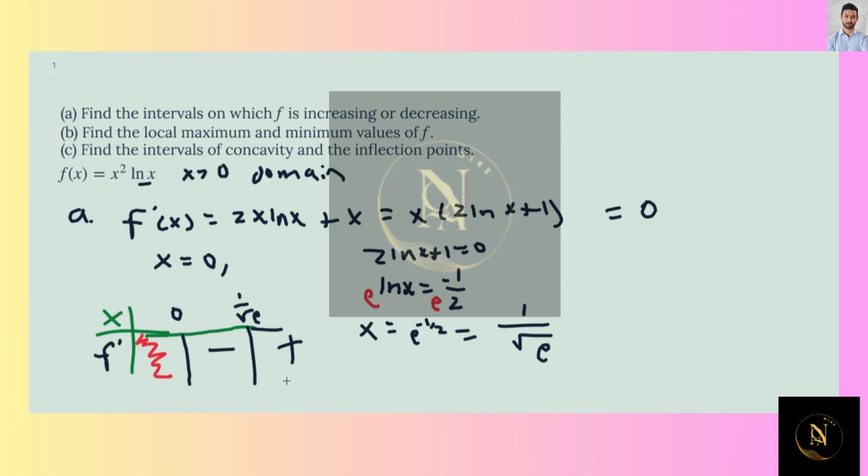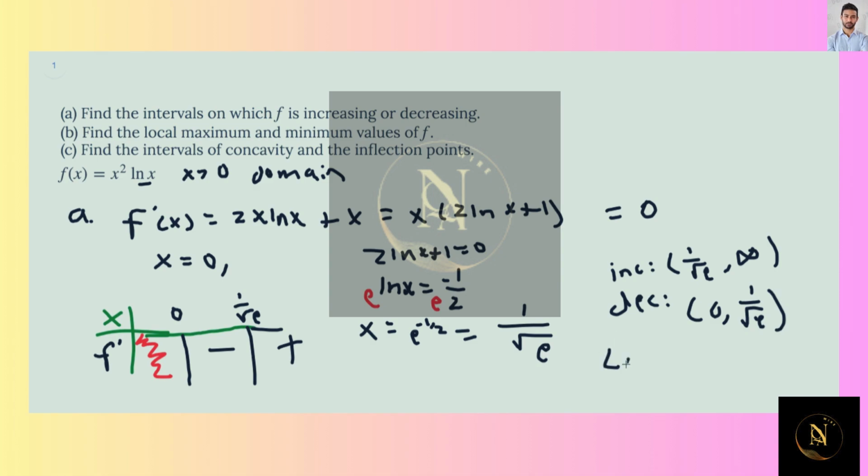So now that we know the signs of f prime, we know where it is increasing or decreasing. It is increasing from 1 over the square root of e to infinity, and it is decreasing between 0 and 1 over the square root of e.